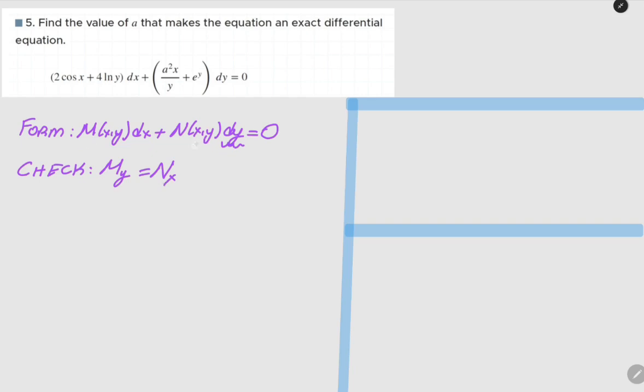Next, we are going to write our solution to the exact differential equation. We assume that our solution is f(x,y) is equal to c.